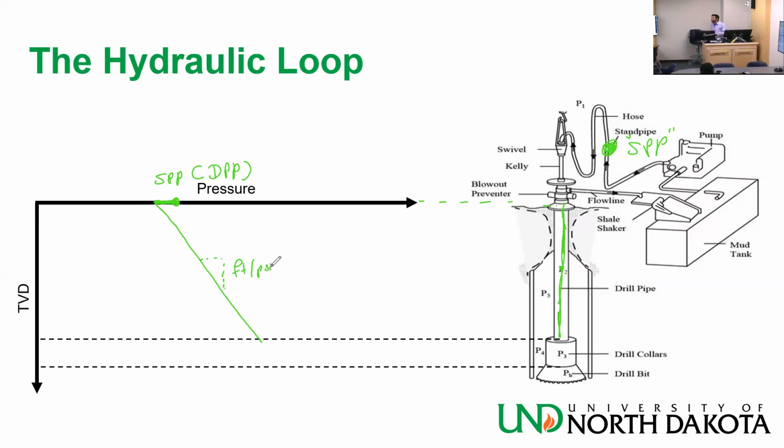So now that I'm moving to the collars, how do you expect the slope to change? I'm going to tell you something. The inside diameter of the drill collars is smaller than the inside diameter of the drill pipe. So it's something like this, very narrow. So you expect to have more friction. So how do you expect the slope here, which I haven't drawn yet, to change?